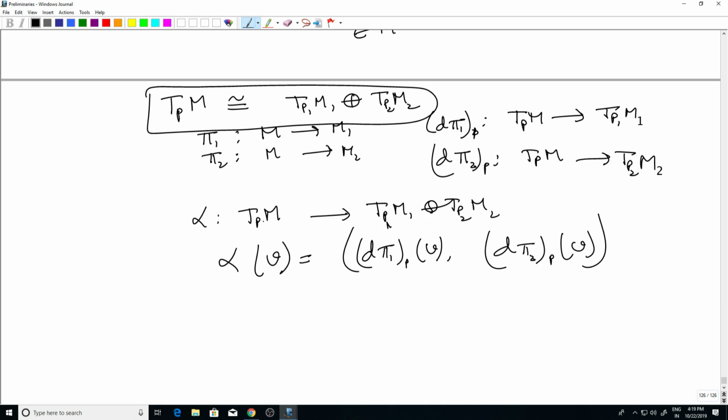Maybe I will leave it as an exercise. It's easy to check that alpha is injective and surjective.